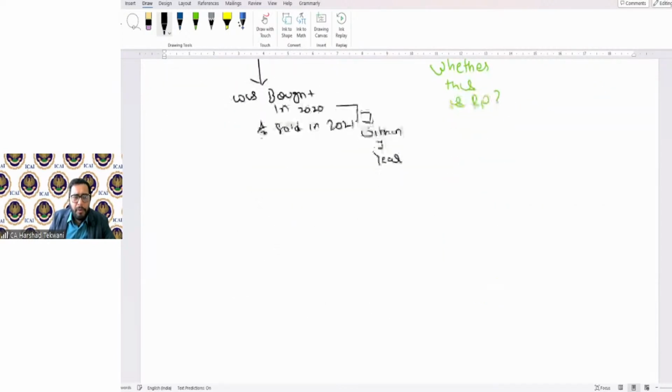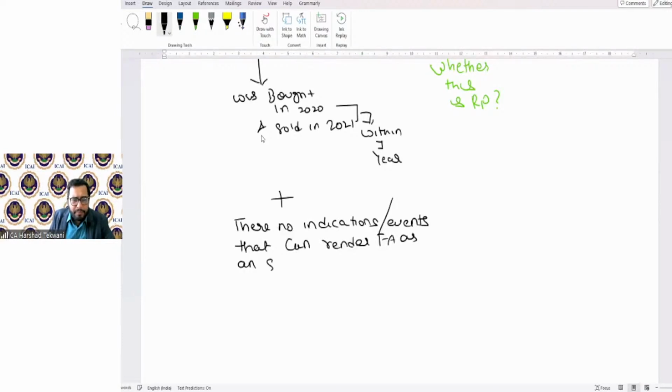Plus, there are no indications or events that can render the fixed asset as scrap. Let's say there was no fire, no damage, no such incidents or events that have been reported, which can point out that the fixed asset became scrap.